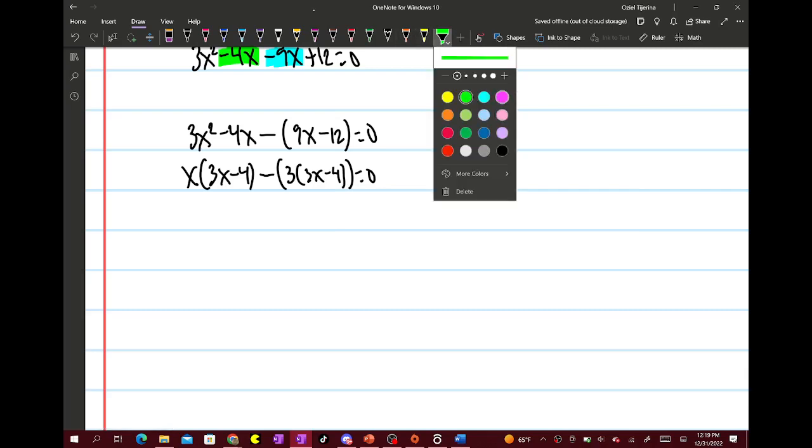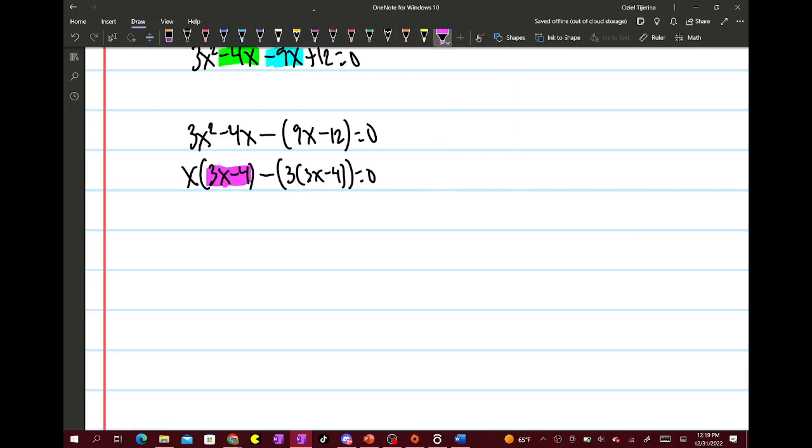Notice that there's a 3x minus 4 in common. So really, this is like u is equal to 3x minus 4.